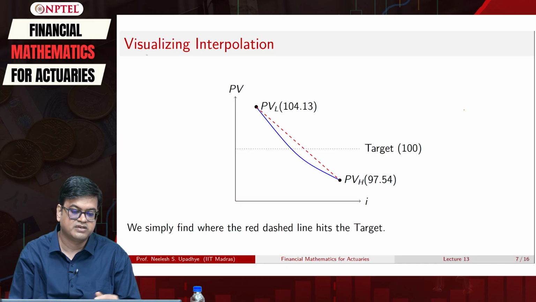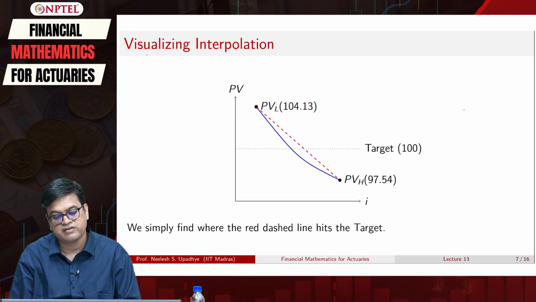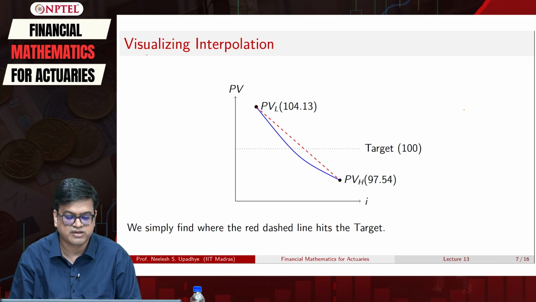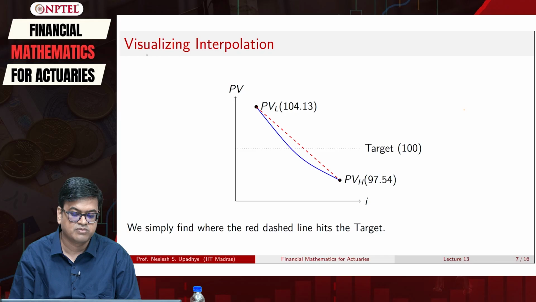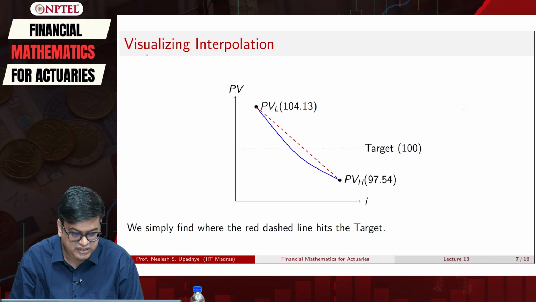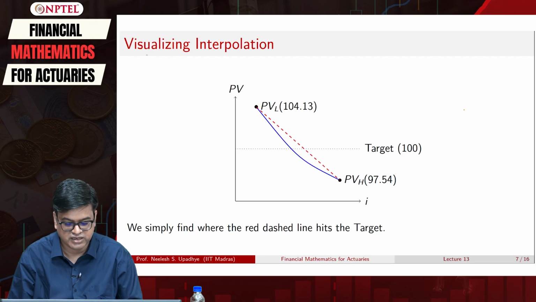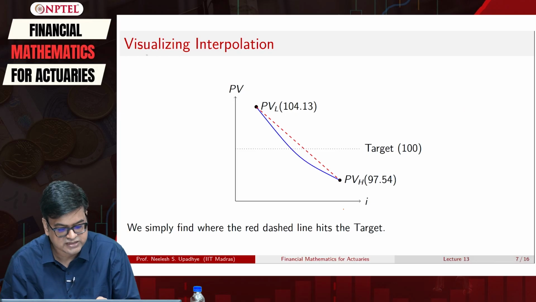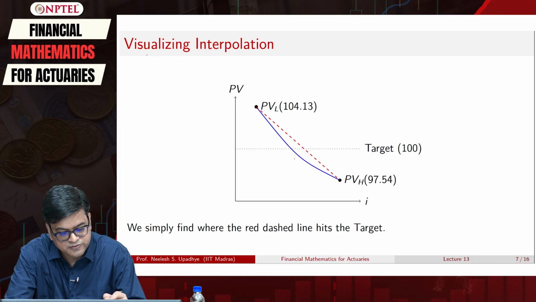So for example, if your target is 100, your present value high will be 97.54, present value low will be 104.13, and remember that this graph is actually plotted over interest rate on the x axis, where interest rate and present value is given, and therefore it is of this form.